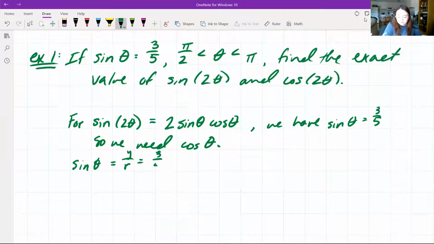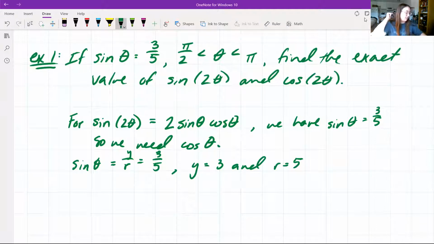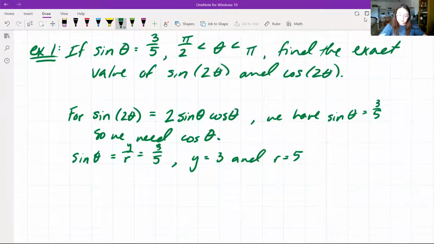So we get that y is equal to 3 and our radius is equal to 5. Then once again, we want to use our equation for a circle to find our value of x.